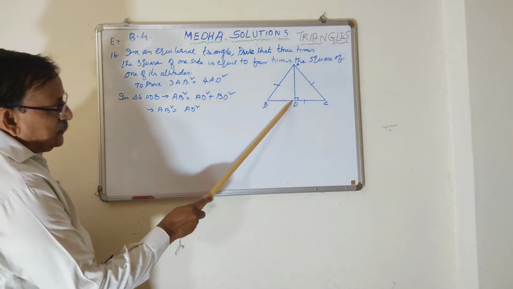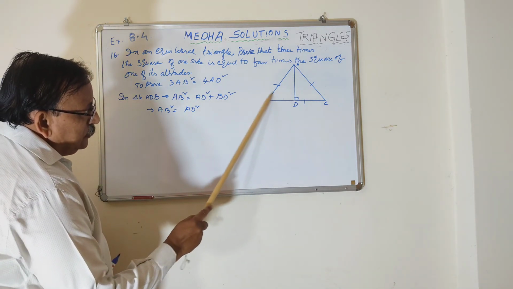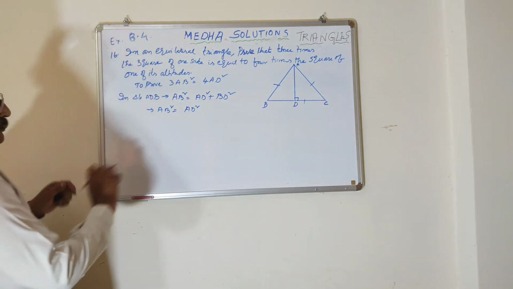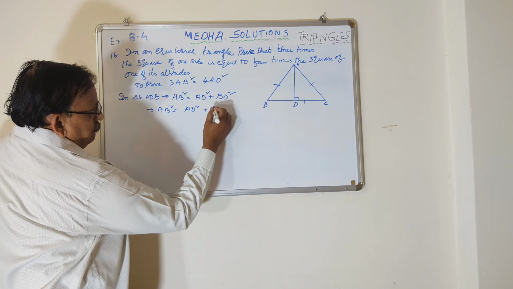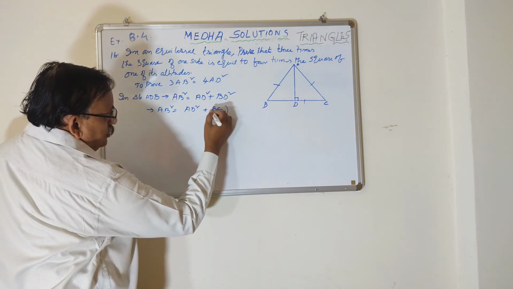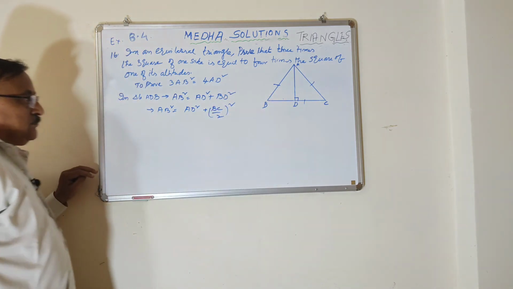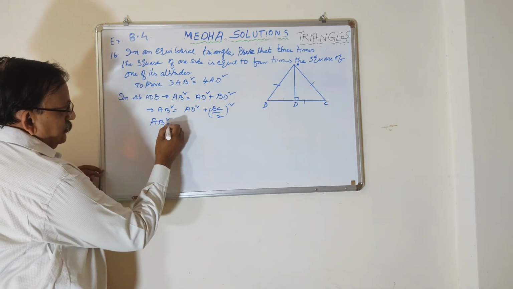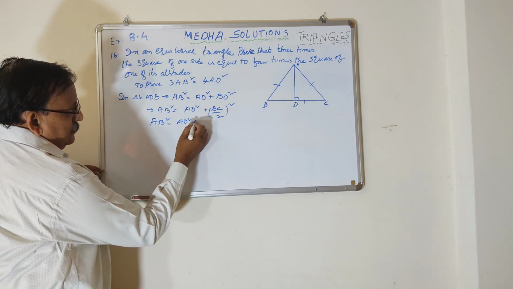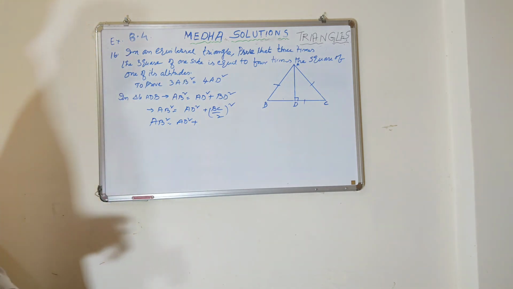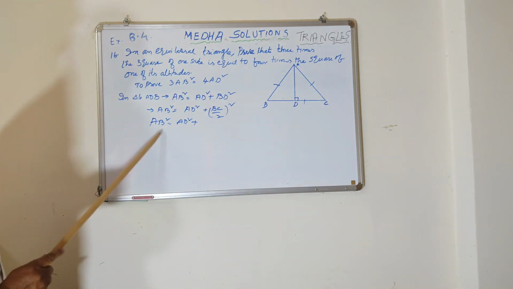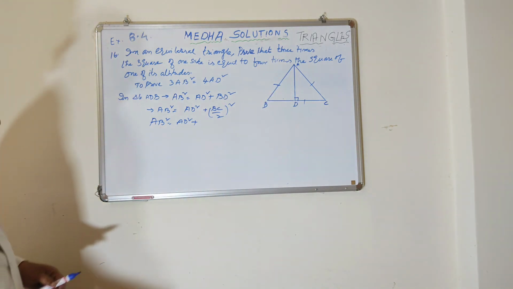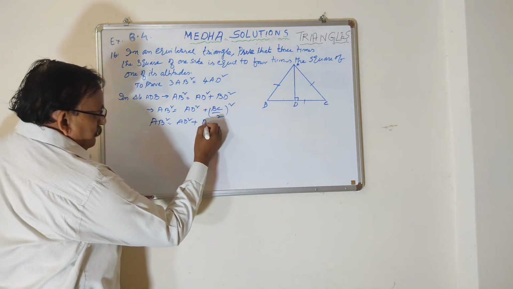Here D is the midpoint, so BD is equal to BC by 2. So AB square is equal to AD square plus BC by 2 whole square. Instead of BC I am writing AB, because all sides are equal, so AB by 2 whole square.